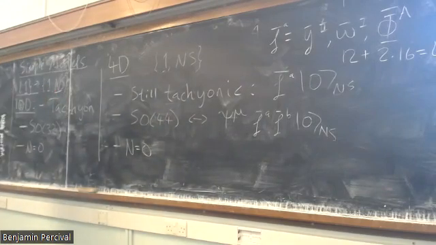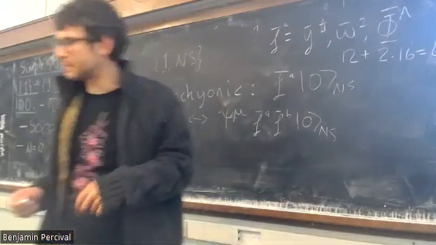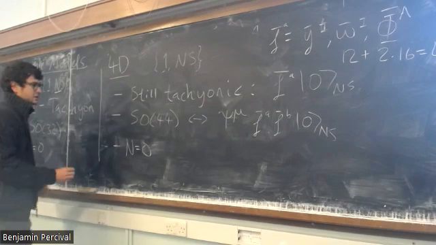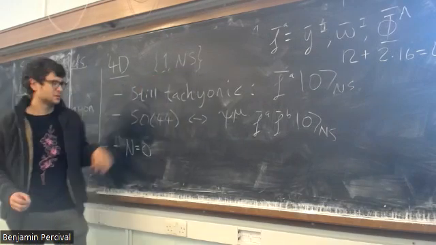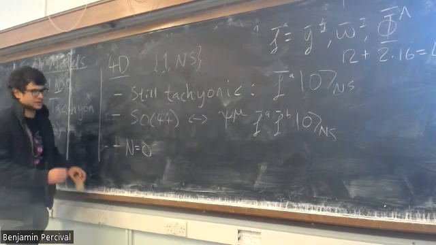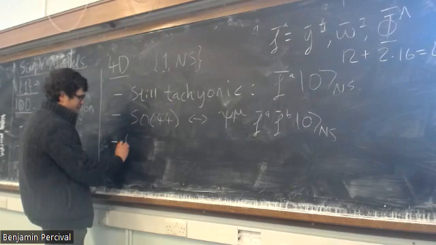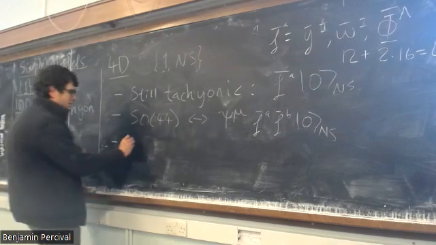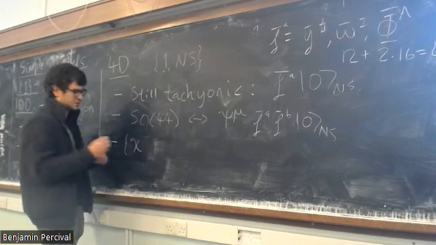You could also note that if we looked at this model a bit further, if you looked at the NS sector for 4D, there would be states with the chi y. Before it was just psi mu, right? In 10D you just had psi mu.